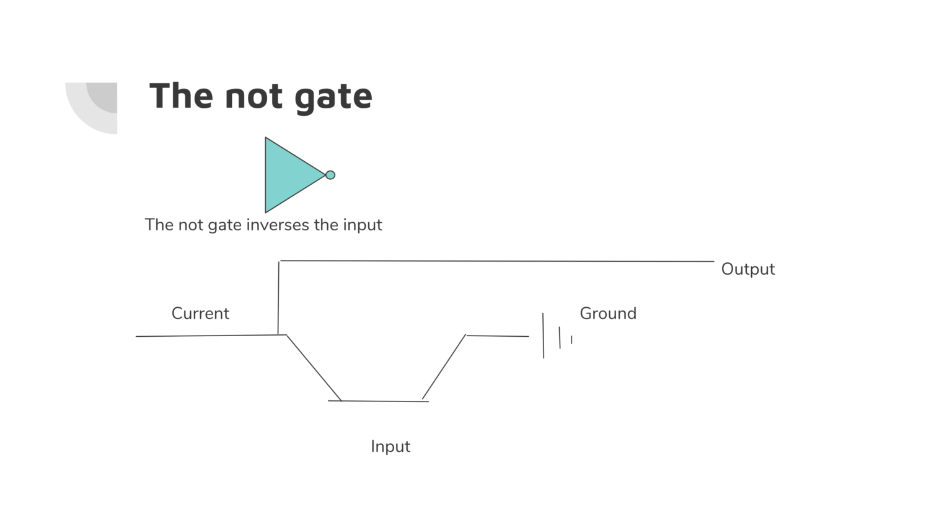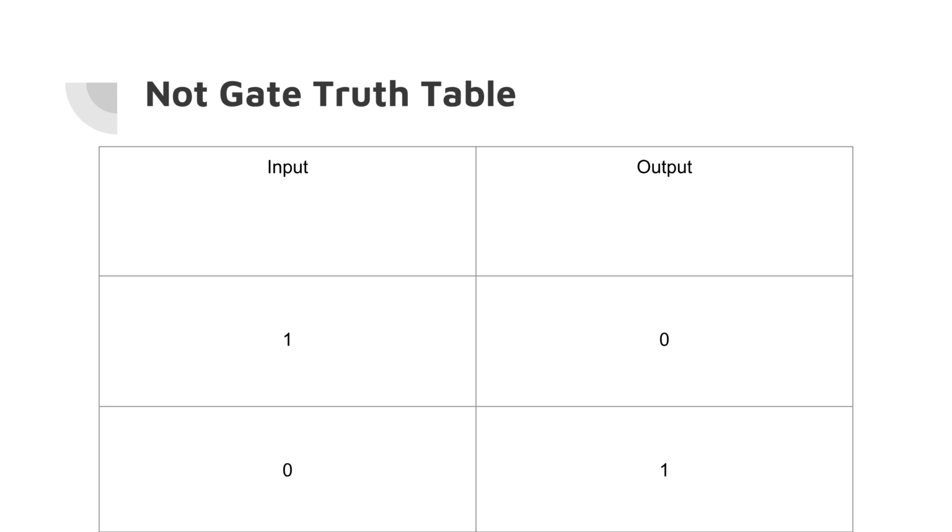So yeah, ground is like a black hole. But if input is false, then current can't get sucked into the black hole and it will actually go to the output instead. So let's see the truth table for it. If you input 1, it outputs 0. If you input 0, it outputs 1.